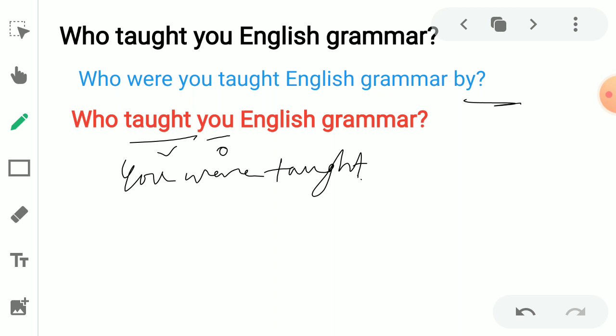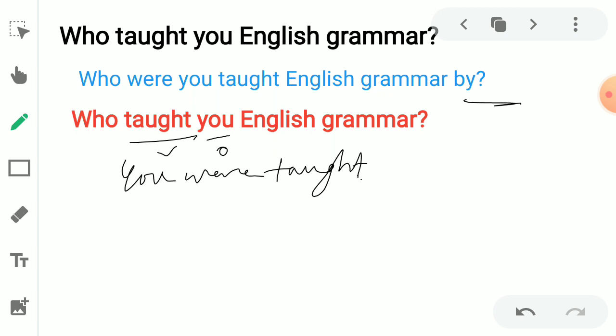Let us take teach. V1 is teach, V2 is taught, V3 is taught again, and at the end V4 is teaching. So this is the concept. V1 is present tense, V2 past tense, V3 past participle, and V4 is present participle. Keep in mind, it's very important to understand.